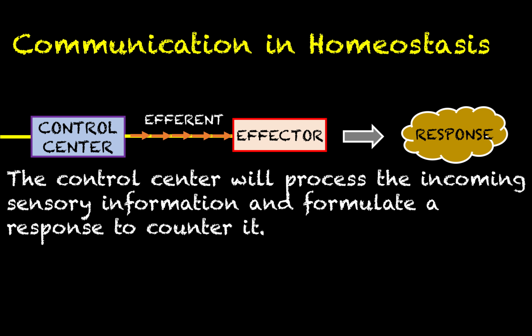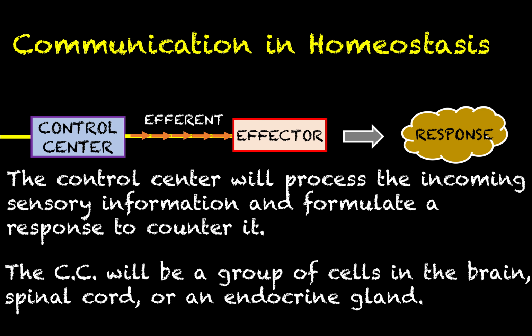The control center is made of cells, usually in the brain or spinal cord, but sometimes in an endocrine gland, that are capable of determining what the best response is to a particular stimulus. The sensor just does not have that processing power, so that's why it's important that the sensor can communicate with the control center.